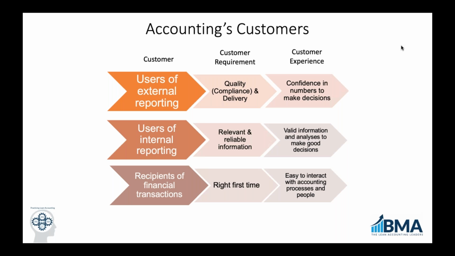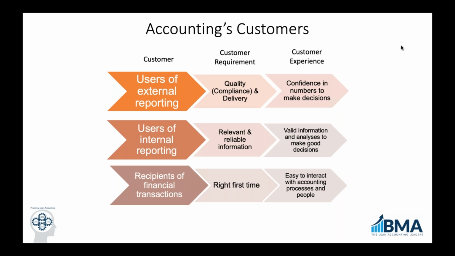Then we have internal users of reporting. They want information that is relevant for them and that they can rely on in order to understand performance, analyze, make good decisions, and take action. So that's our second customer group. The third customer group is any recipient of a financial transaction, and those can be both internal and external.